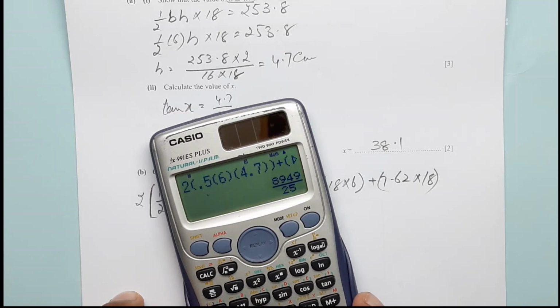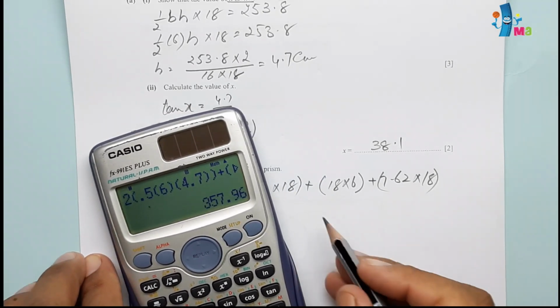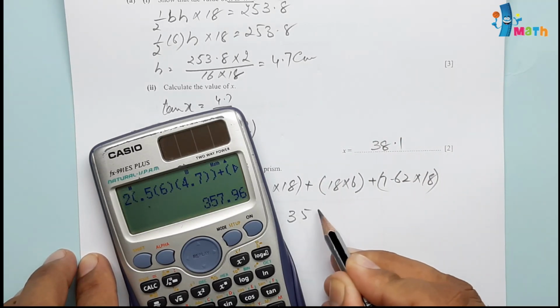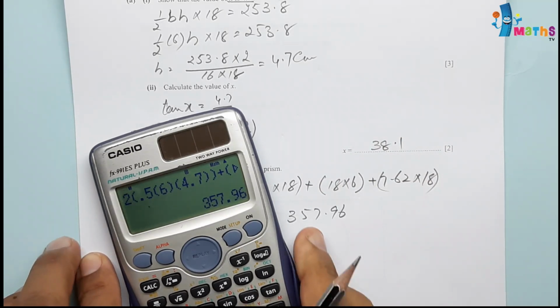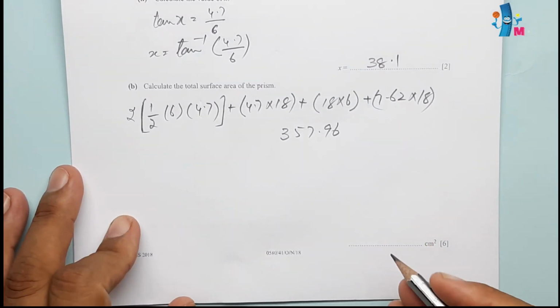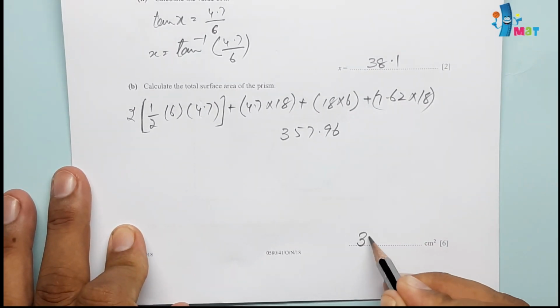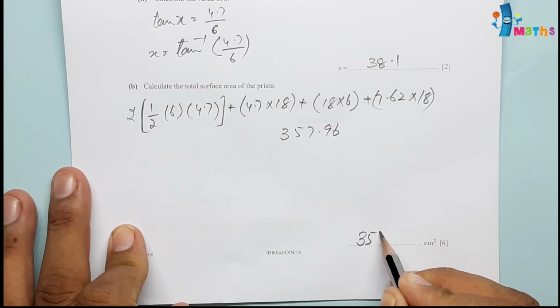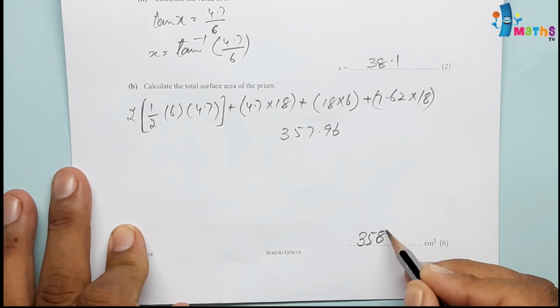So this will be giving us the number 357.96. So we can round this number and this will be 357, or you can write 358.